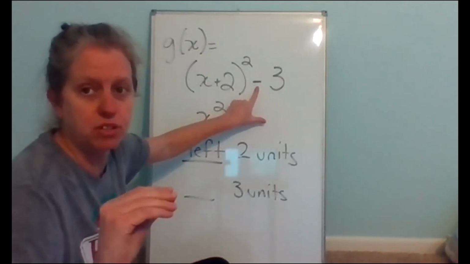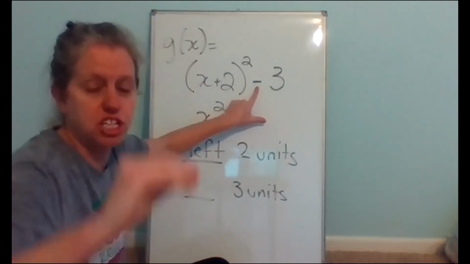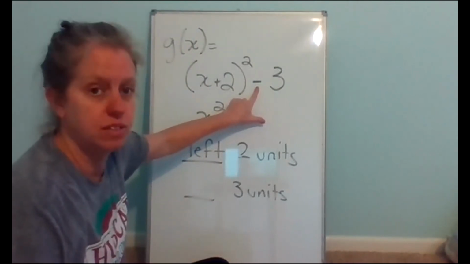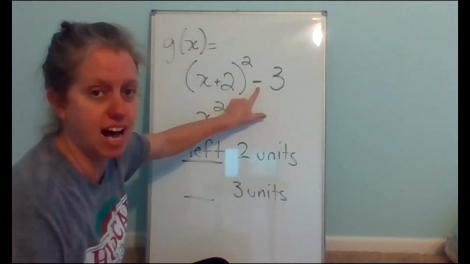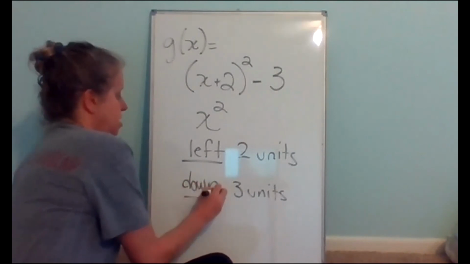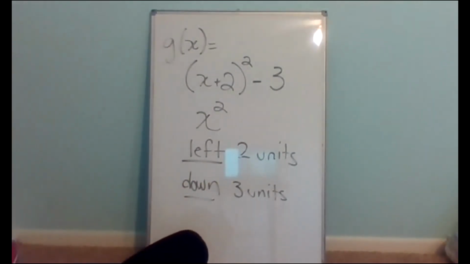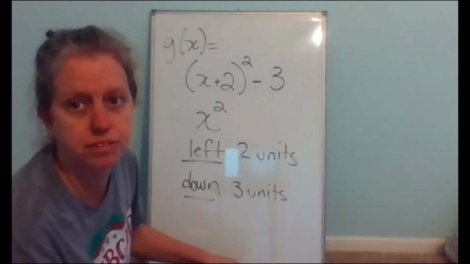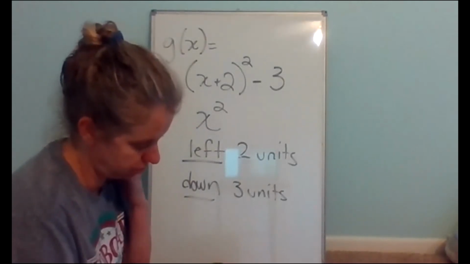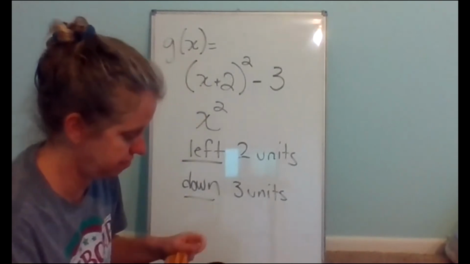My outside numbers shift you up and down. And you go with the sign. So since that's -3, I'm going to shift that shape down 3 units. Okay?